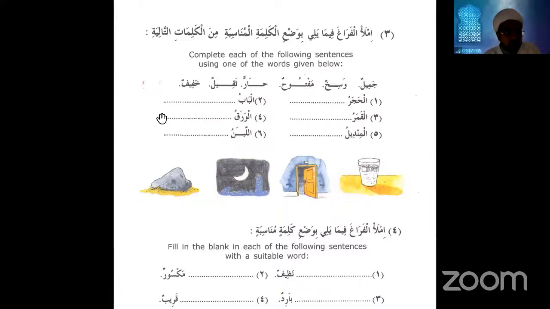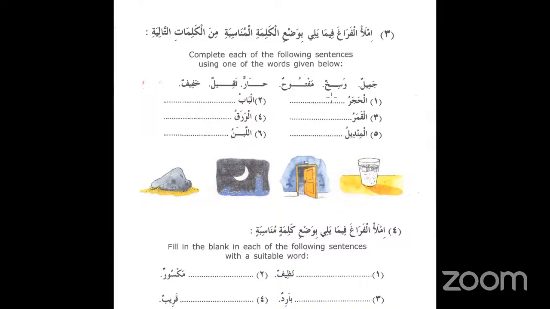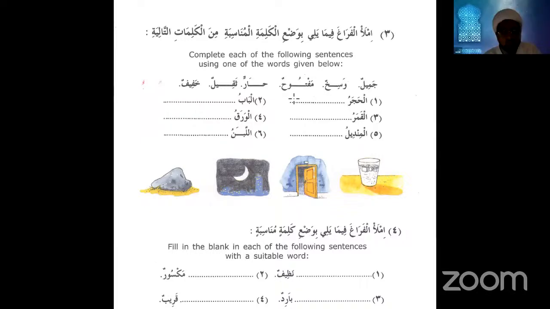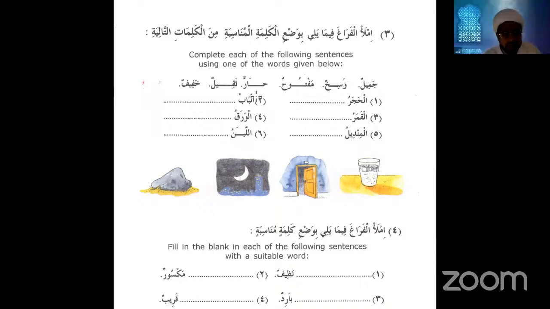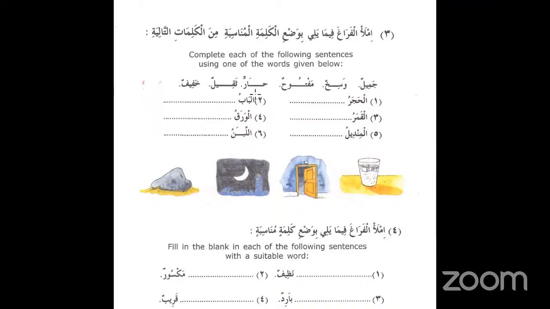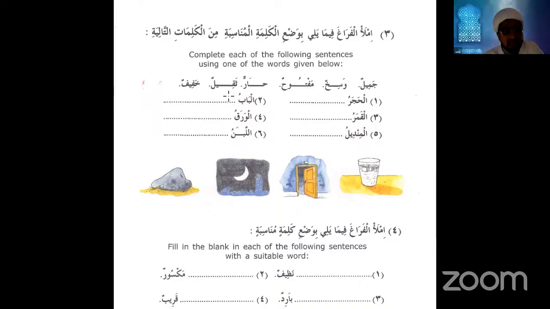So what we're going to do first, translate these words, and then complete the sentences. Wasikhun means what? Dirty. Maftuhun means open. Harun means hot.